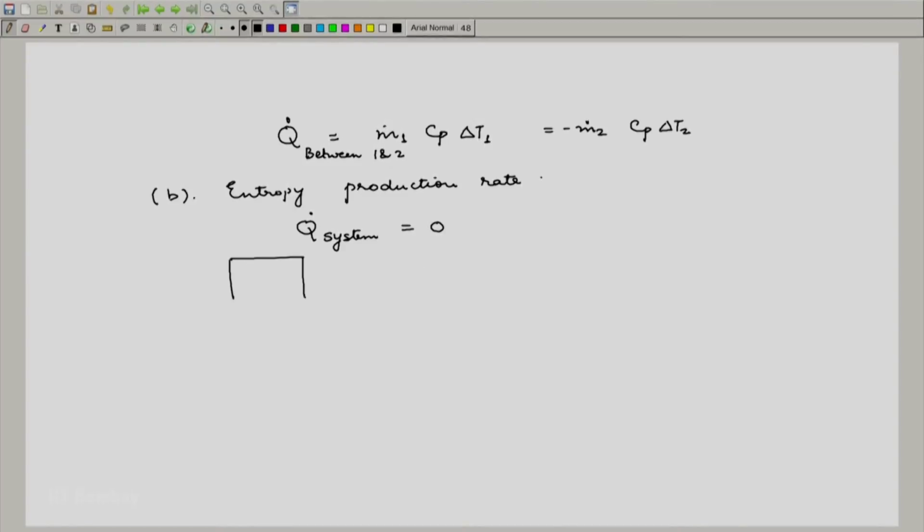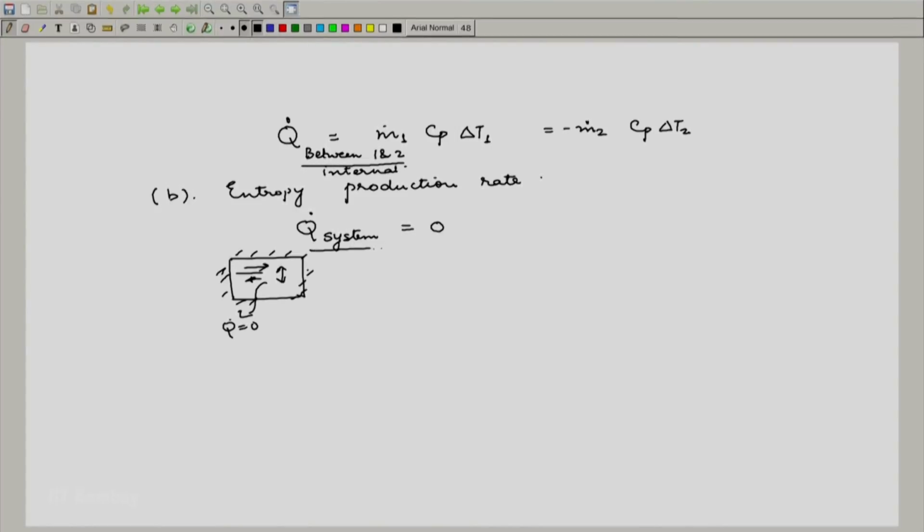So for this entire black box that we drew here, Q dot is equal to 0 because there is only an exchange of Q between the two streams which are flowing here. I do not know how they are flowing, but there is an exchange. This is entirely internal here.